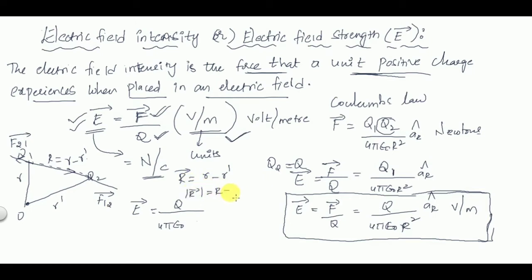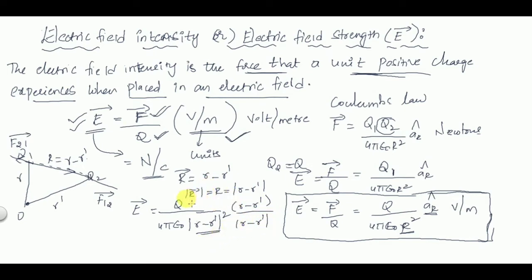So the modulus of r is equal to the modulus of r minus r dash. This will be r minus r dash whole square, because there is r square here. And there is the unit vector in the direction of r, which is given by r minus r dash by modulus of r minus r dash.